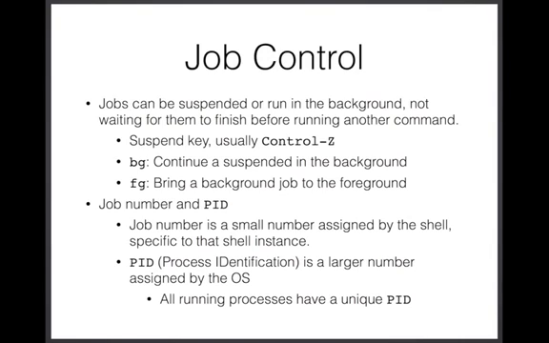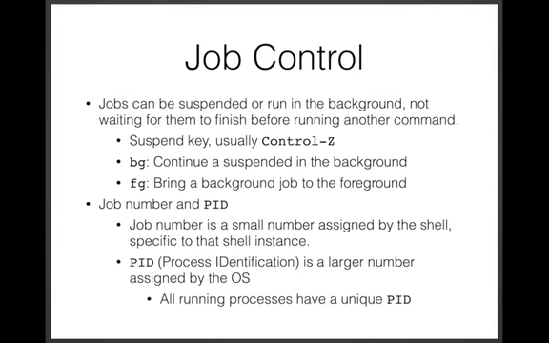When you're running a command that's going to run for a while, or that's going to stay running until you want it to stop, if you just run the command, it's going to stay in the foreground. Its output's going to go to your screen, just as you'd expect. But if you want to run the command and then go do something else, you can run it and suspend it and then put it in the background, or you can just run it directly so that it runs in the background.